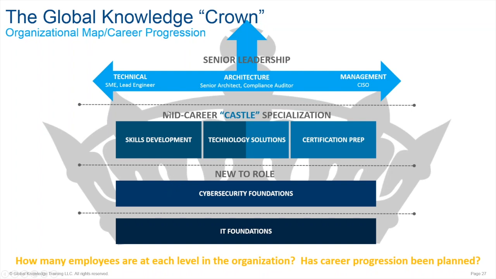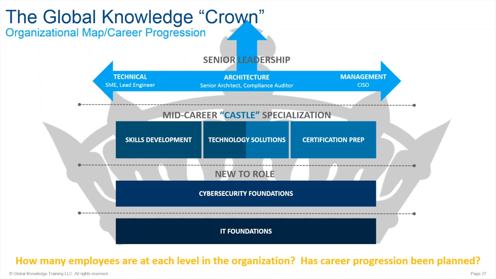And then in the mid-career phase, we get into an area where we want people to start to specialize. It turns out that there is some specialization within cybersecurity. And I like to draw the analogy of an automobile mechanic. It used to be that automobile mechanics could work on any part of the car, and some still can, most can. But now we have specialists. We have some that work on air conditioners, some that work on transmissions, some that work on brakes. They've specialized over the years, and there's a reason for that, because it's become so complex.